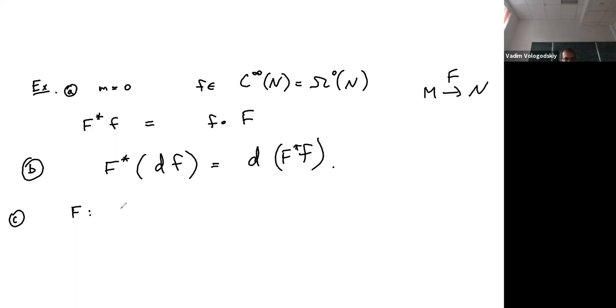Let's take for F a map from R3 to R2, which is given in coordinates by the formula F of x1, x2, x3 is x1 x2, x1 plus x3.